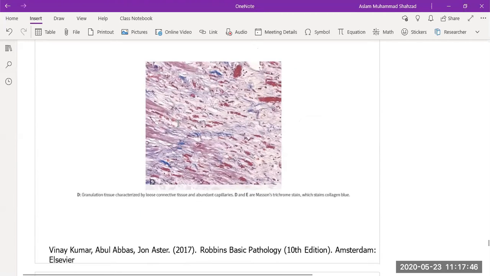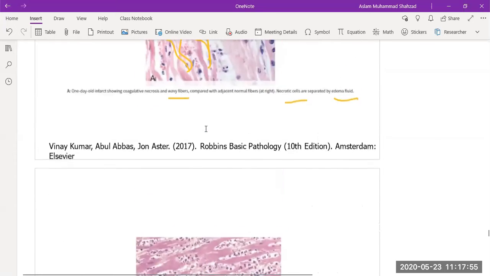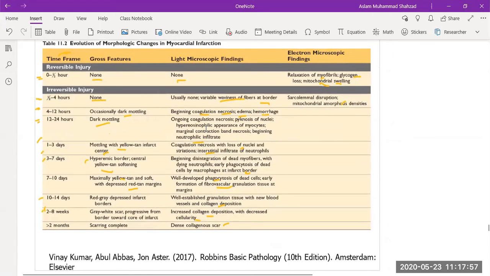This is actually the granulation characteristic after 7 to 10 days. If you take a look at the morphological characteristics I discussed at the end, after 2 to 8 weeks, there will be increased collagen deposit, decreased cellularity, and dense collagen scar.